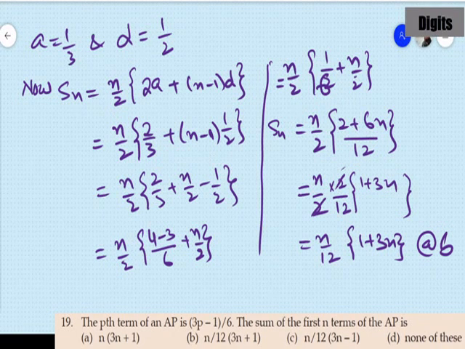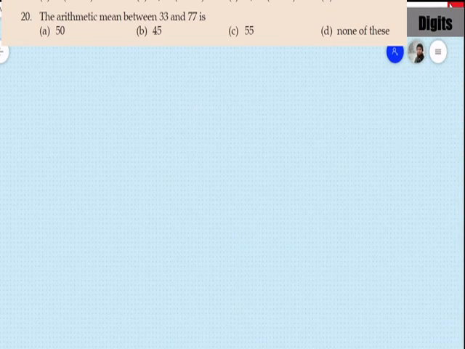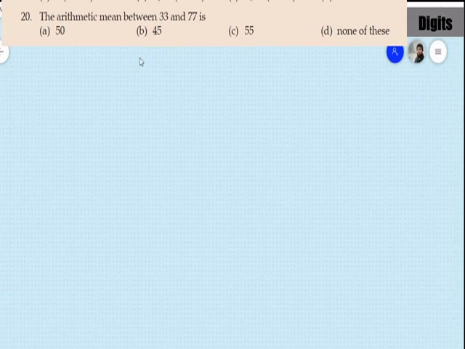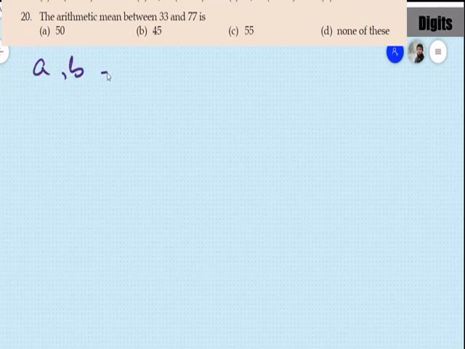Question number 20, which is direct. What is the mean between 33 and 77? Since if we have two numbers a and b, then the arithmetic mean between a and b is given by a plus b divided by 2.